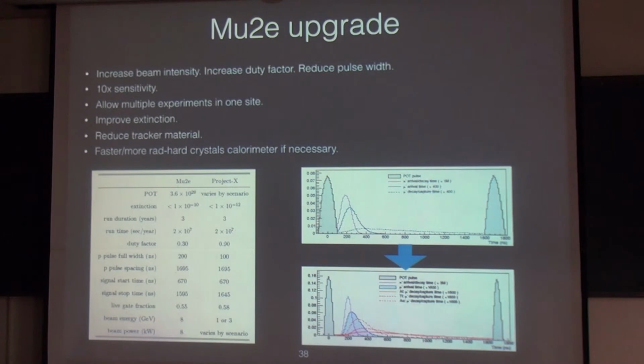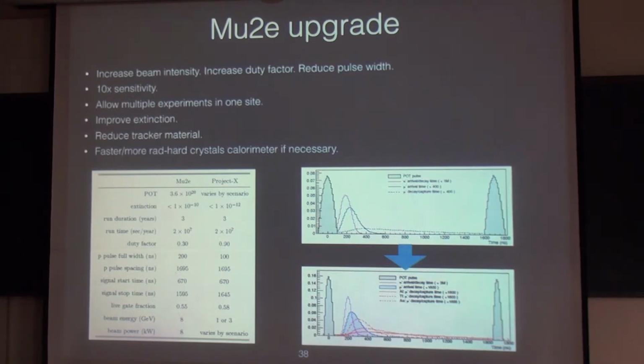Okay, so we are already talking about a possible upgrade of Mu2e, and a couple of things you need to do. One is that you need to increase the beam intensity, you want to increase the duty factor, and you want to reduce the pulse width. And this can be achieved in the so-called Project X era. I think now they changed the name.